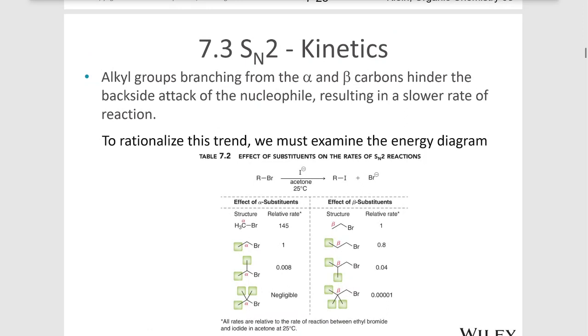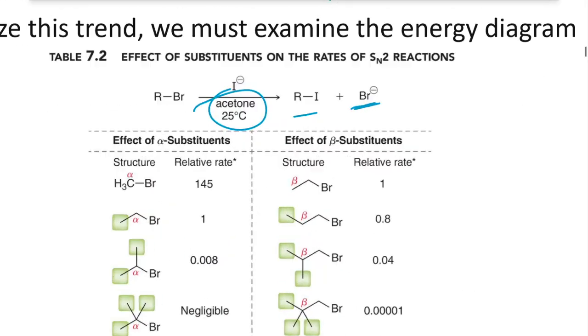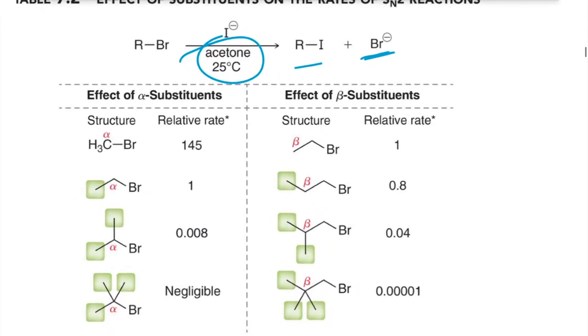So if we look at this reaction here, where we've got an alkyl bromide reacting with iodide in acetone, in this case, as a solvent at 25 degrees C, we get the alkyl iodide plus the bromide. Okay, so these are different alkyl groups. These are examples of the reaction rate for different alkyl groups. So the fastest one is going to be methyl bromide here.